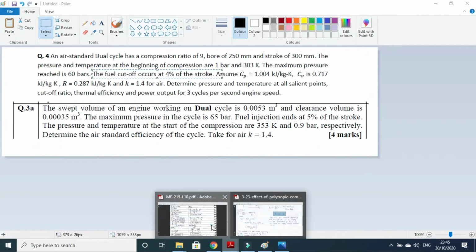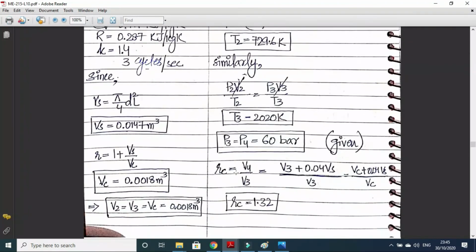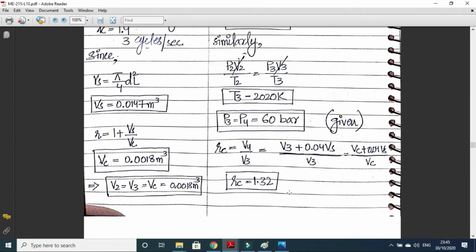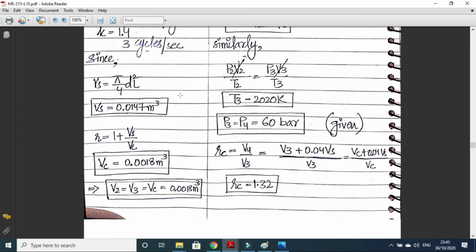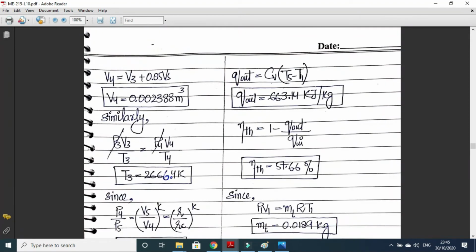So Rc will be equal to V4 upon V3, and V4 is equal to V3 plus 0.04 Vs, divided by V3. So cutoff is known. V4 can be calculated as V3 plus 0.05 Vs. This should be 0.04. This is a typo mistake. You can check.